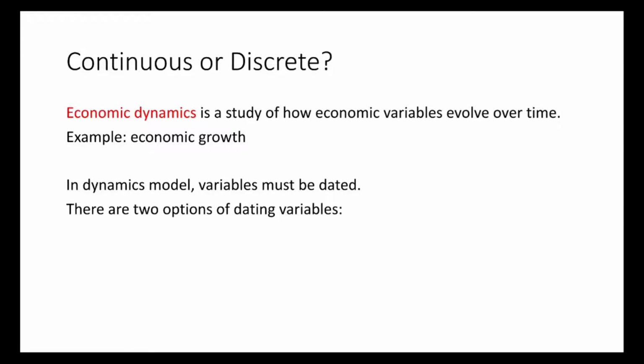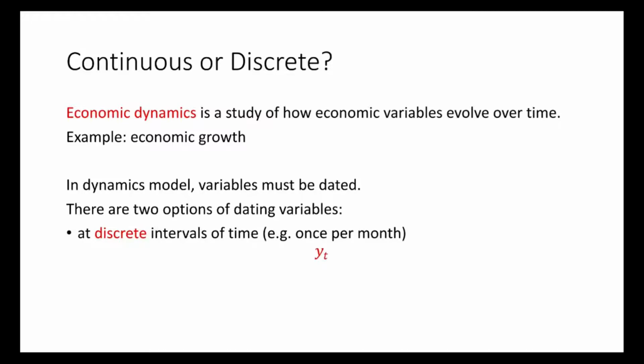There are two options of dating the variables. The first one is by discrete intervals of time. For example, you want to measure the economic growth once every month, or once every year, or once every 3 months, or whatever.